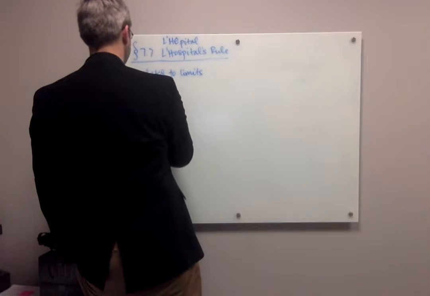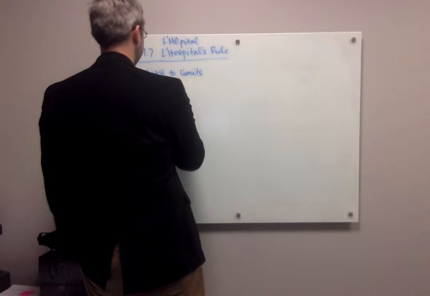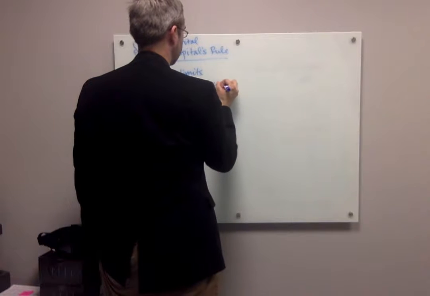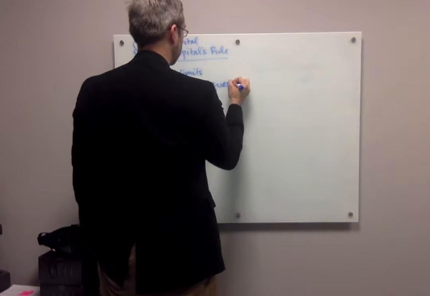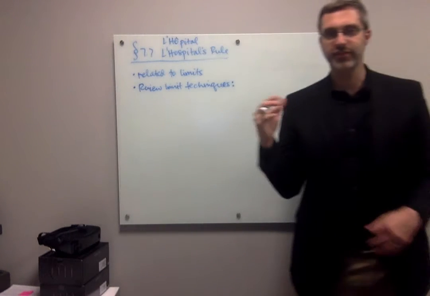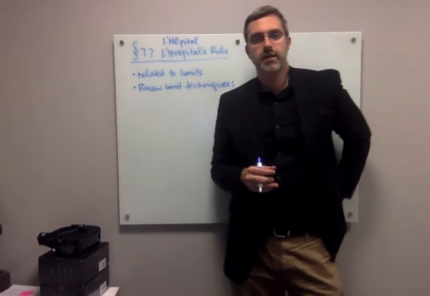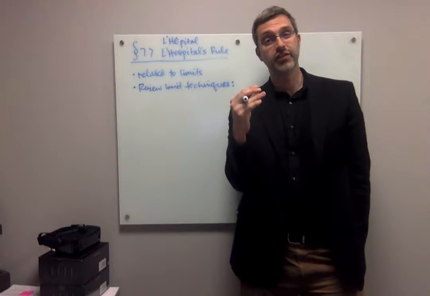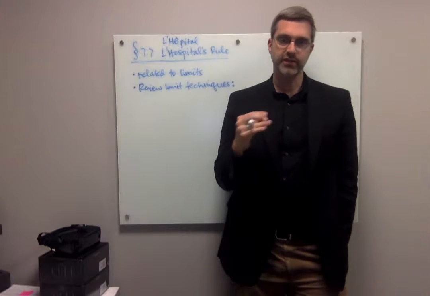So just to review some of our limit techniques. We had a list of things when we first went over limits. We had a list of things that when we approach the limit, we would say, do this first. If that doesn't work, do this. If that doesn't work, do this.